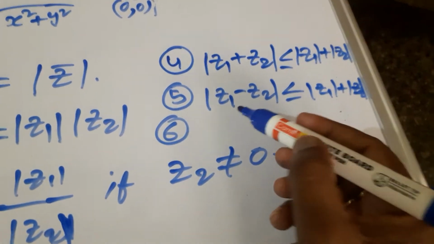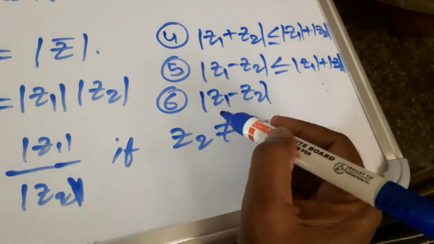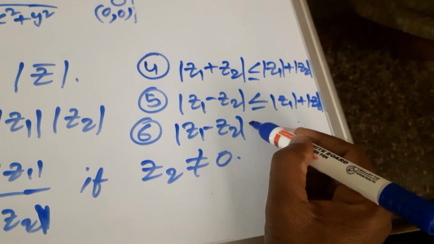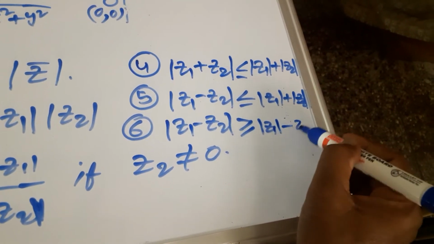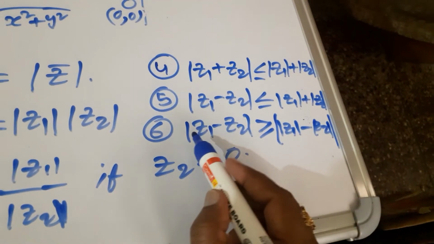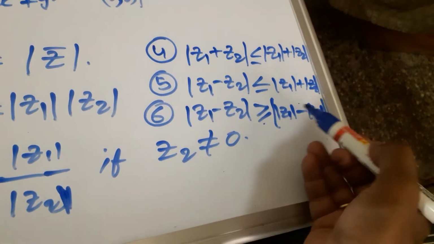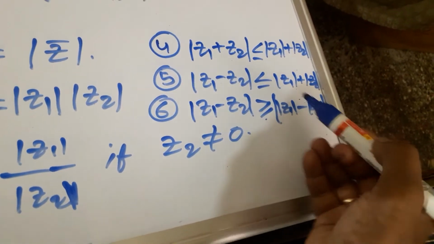Another property is modulus of z1 minus z2 is greater than or equal to mod z1 minus mod z2 whole mod. So this is another property.